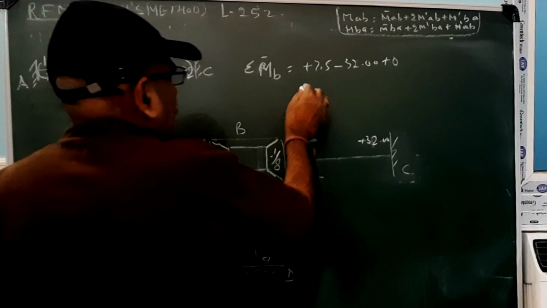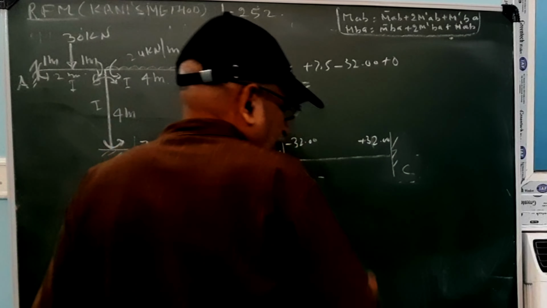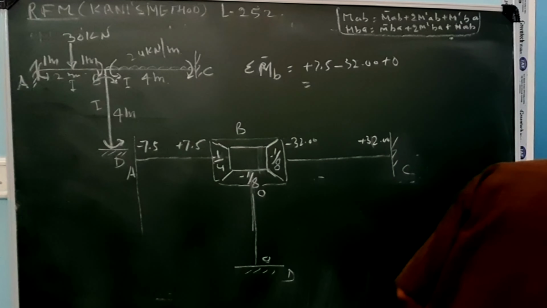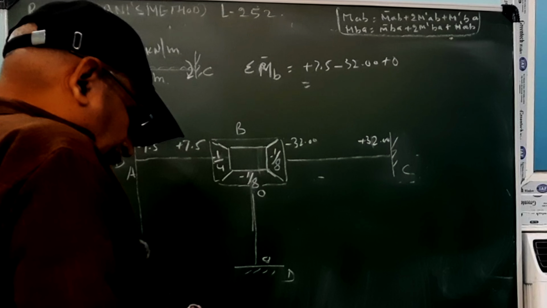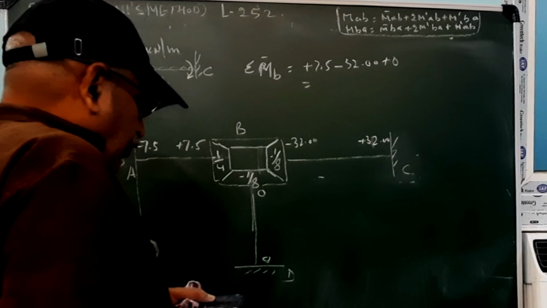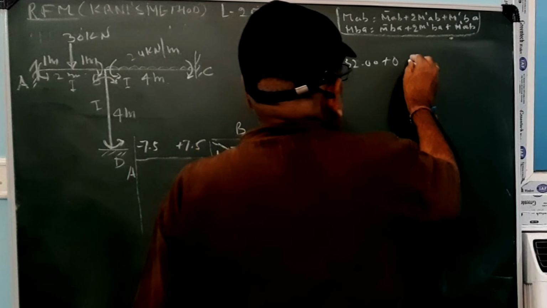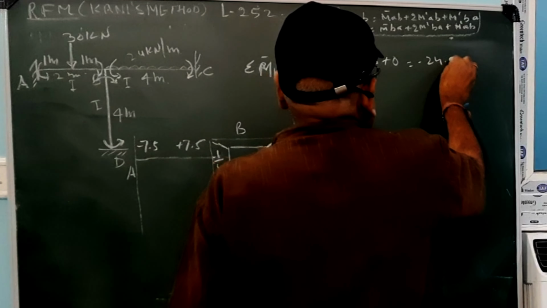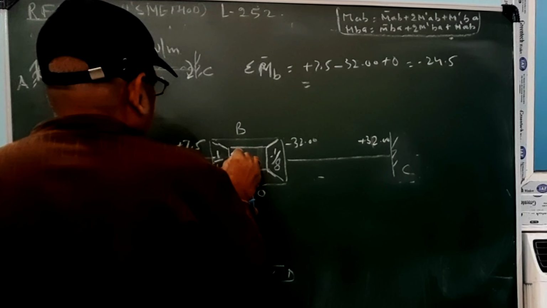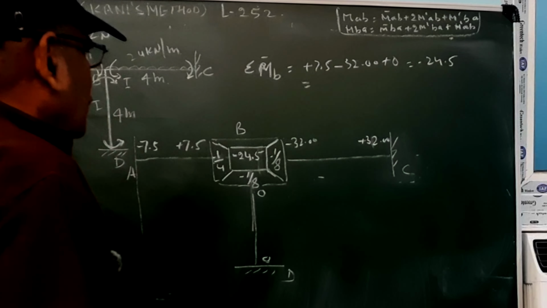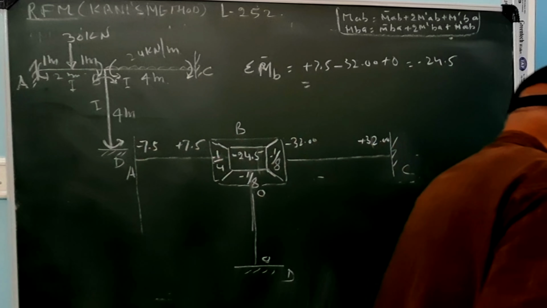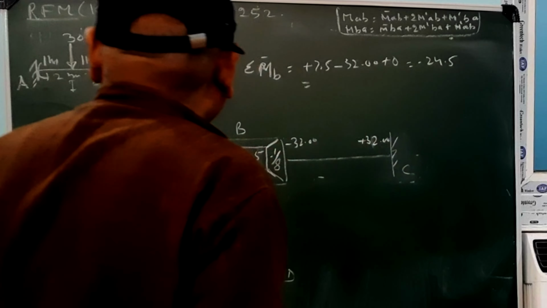So this equals 32 minus 7.5, which is 24.5. This is negative, so put minus 24.5. This is the value. Now you can go for iteration one by one.